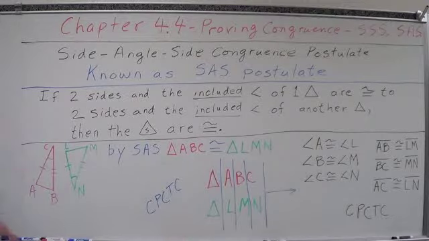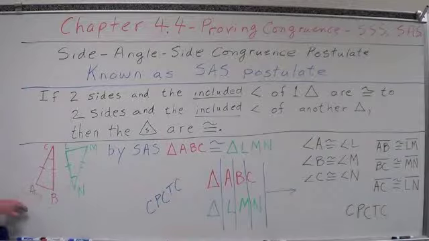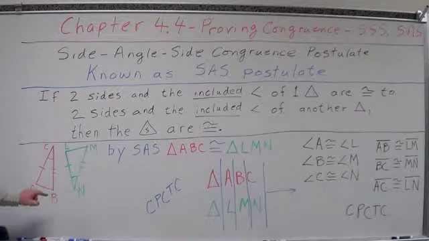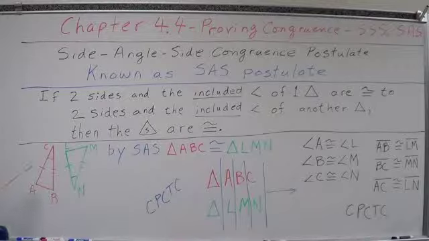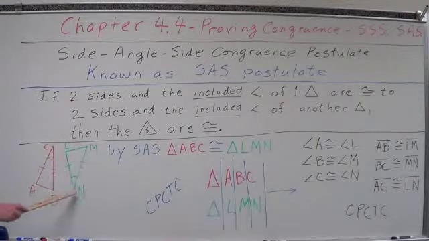So we have two examples, regardless of how they're drawn, they're marked. We have triangle ABC, use that a lot, and triangle LMN. Notice that we've marked side AC is congruent to side LN.